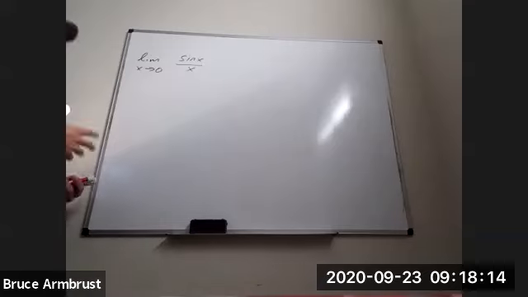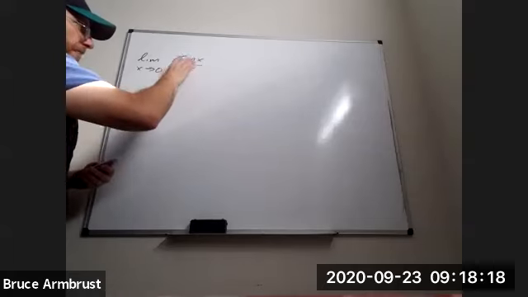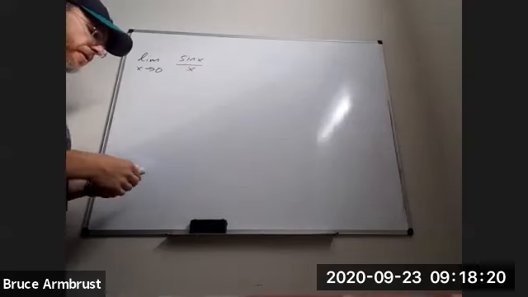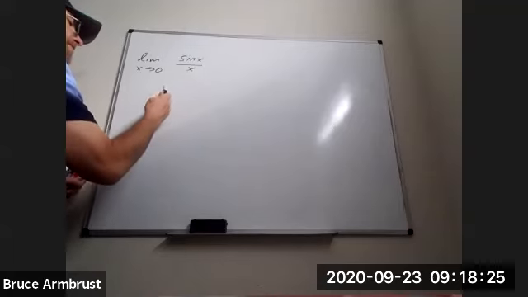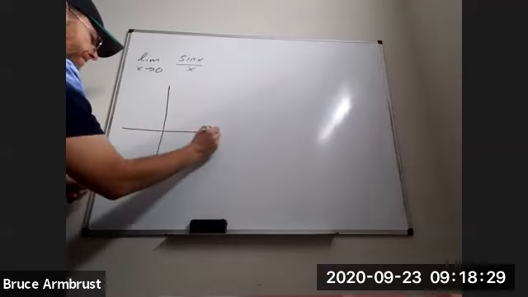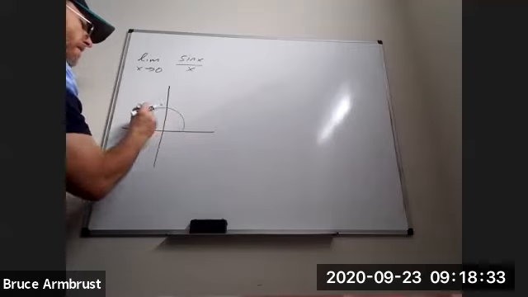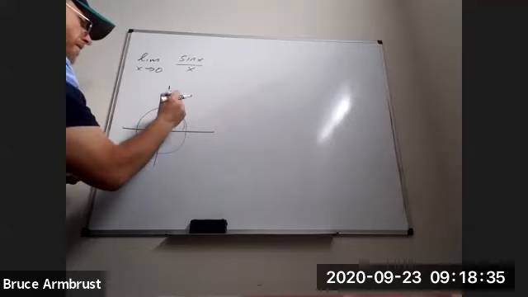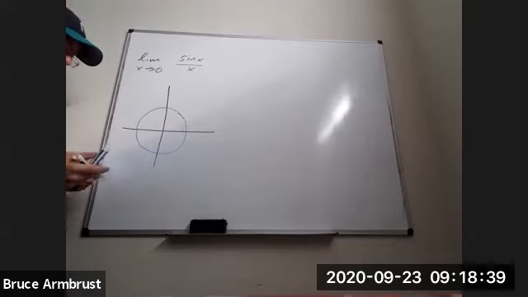Okay, well, let's first see if we can get a feel for what's going on with sine x over x. So I'm going to bring us back to a lovely picture that you probably saw in trig. Let's go to a unit circle. Here's our unit circle, and let's remember how sine x was defined.